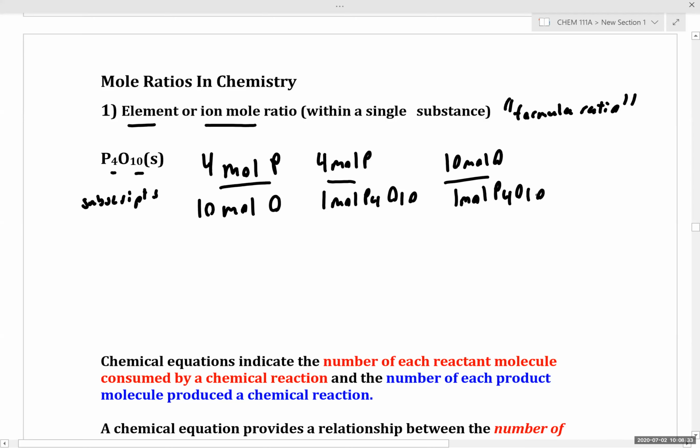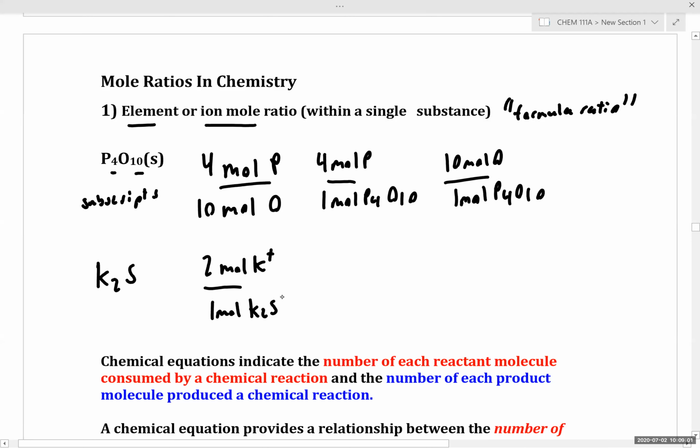Perfect. So now that we have that set up, we've written out all of our mole-to-mole ratios for the following formula. Just the same way, for example, if we have potassium sulfide, we can say we have 2 moles of potassium for every 1 mole of potassium sulfide.